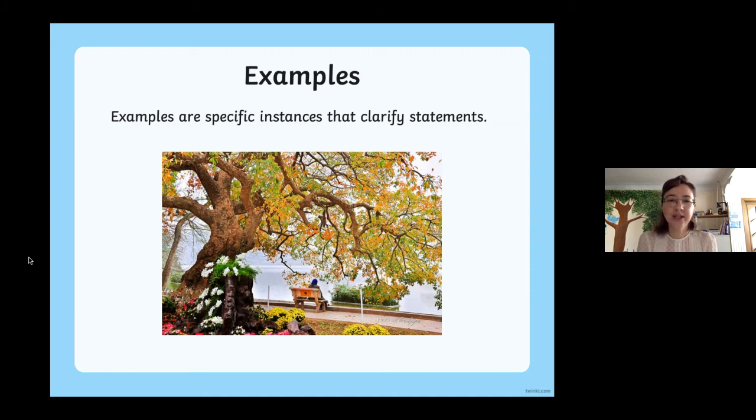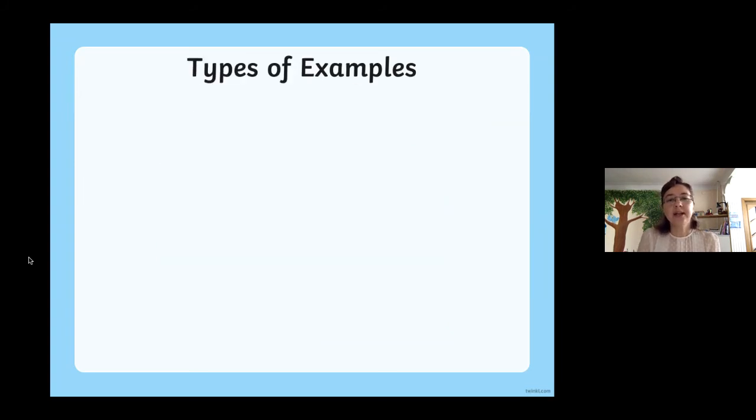Okay, when you bring examples, you can draw either from your own personal experience or from outside experience. So there are several types of examples. Let's look at them one by one.